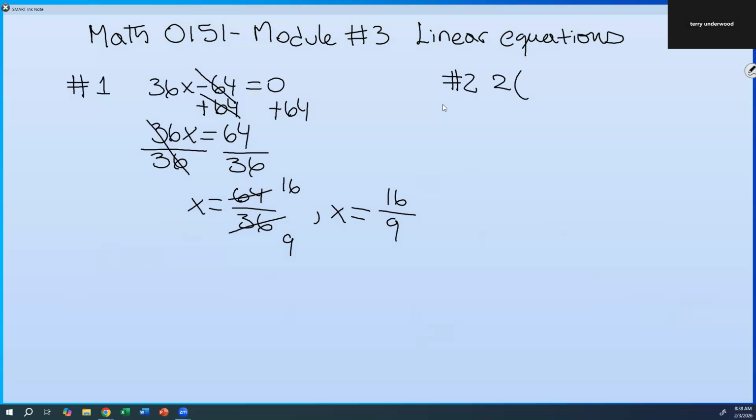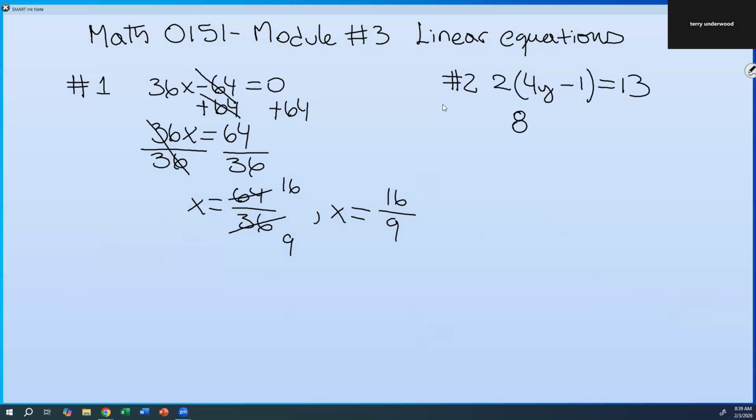4y minus 1, equals 13. So following PEMDAS, my first order of operations would be to distribute the positive 2 inside what is in the parentheses. So let's do that. Positive 2 times positive 4y is 8y.